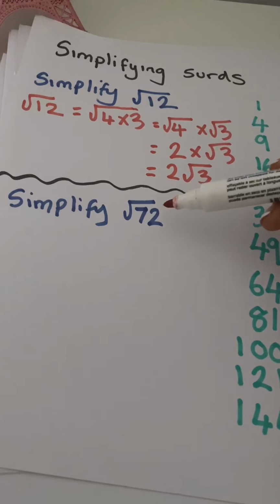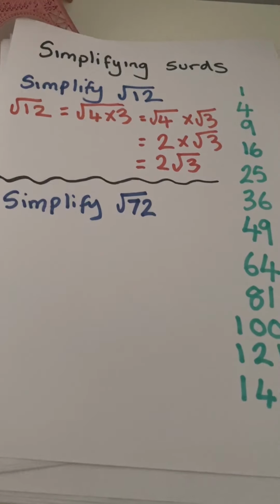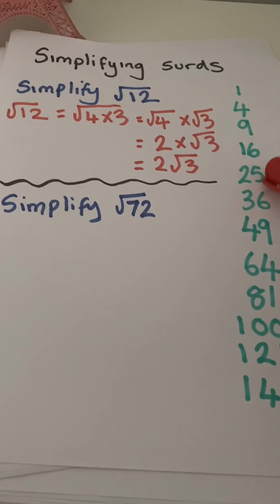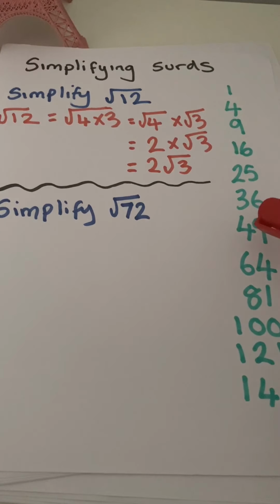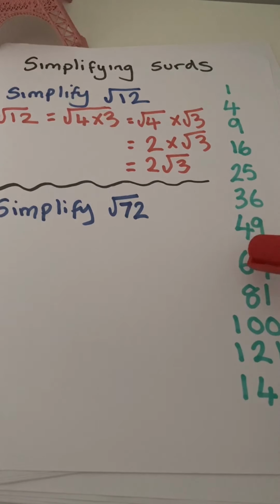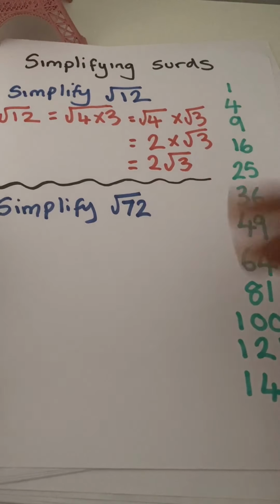It's never going to be 1. 72 divided by 4 also works. 72 divided by 9 also works. 72 divided by 16 doesn't work. 72 divided by 25 doesn't work. 72 divided by 36 does work. So 36 is actually the highest square number that can be divided into 72.